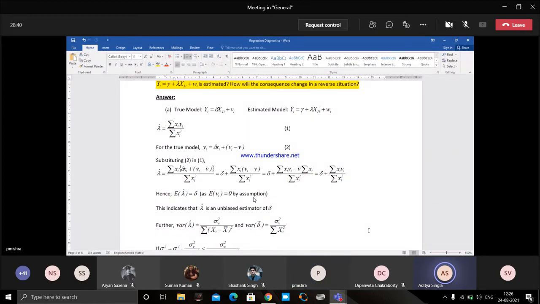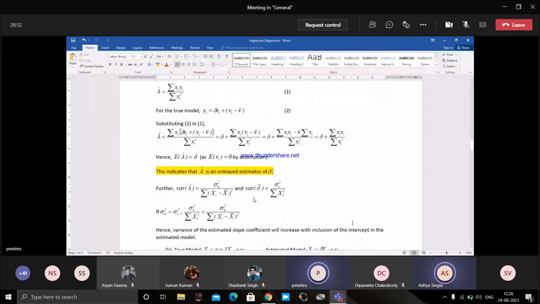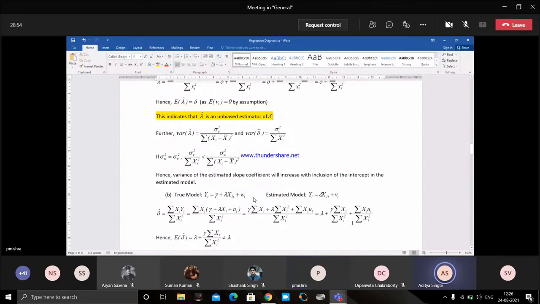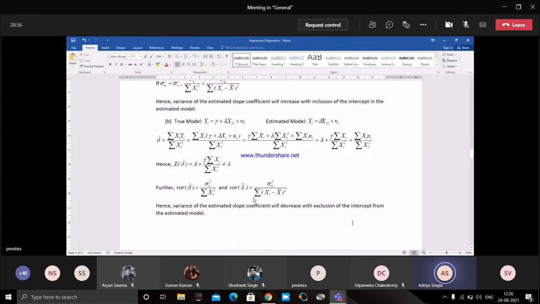But in the second part, when the true model had an intercept but we did not include an intercept, I would say that it's not just a change of origin, but it provides some statistical complications.